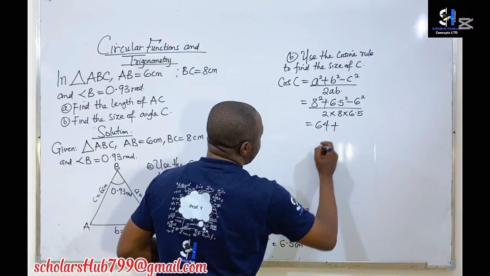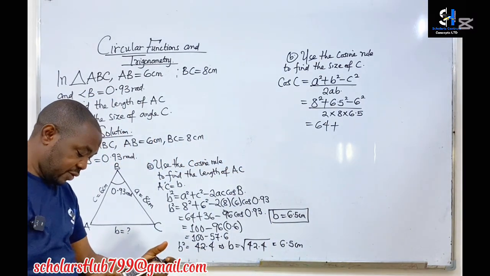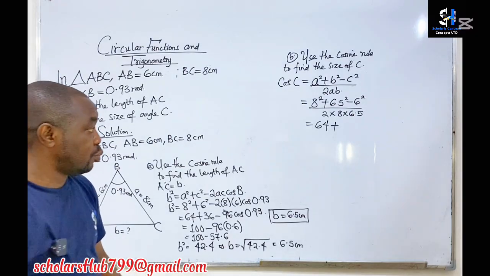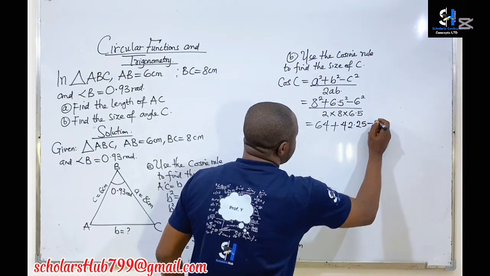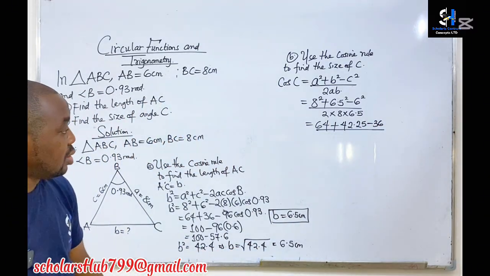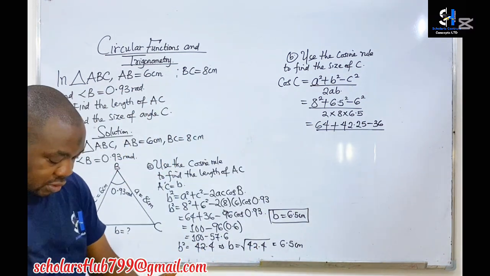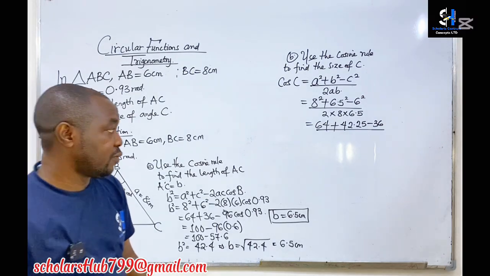This will be 64. Let's get the value for 6.5 squared. That will be 42.25. So this is 42.25 minus 36. Then let's multiply 16, because 2 times 8 is 16, by 6.5. That will be 104.